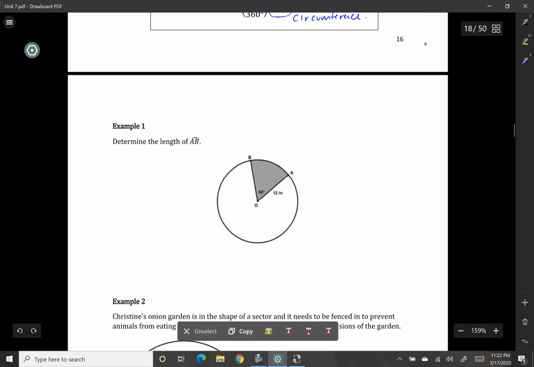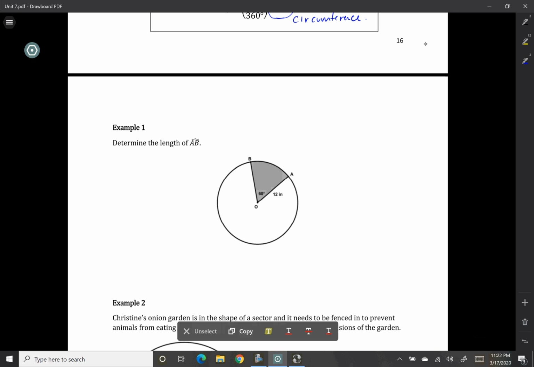So here's an example. It says determine a length of AB. Notice how there's a little arc over AB. This is asking us for the arc length of AB in symbols. So essentially what I want to know is how far it is from A to B on this curved edge, the crust of the slice of pizza, if you will.